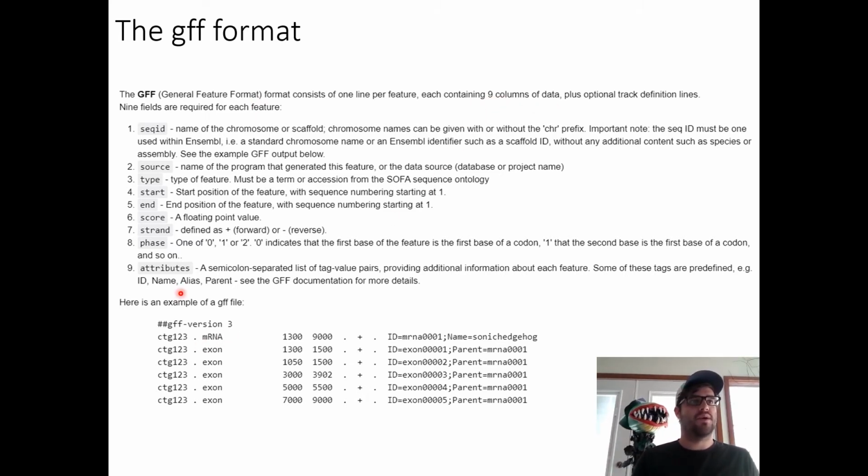We're not going to go through each of these, but basically we have this first line that denotes it's a GFF, and then the first column is going to be the chromosome or the contig name of the piece of DNA. The second will be a source, so this can be blank, which is the case here, or it could be a program that generated it, or some other feature that we might care about.